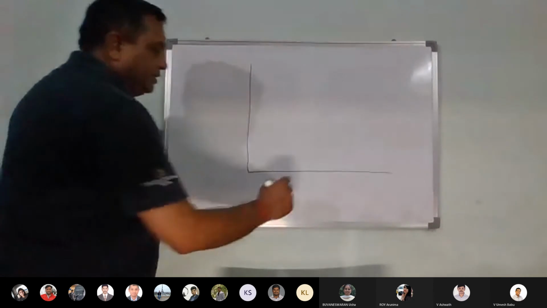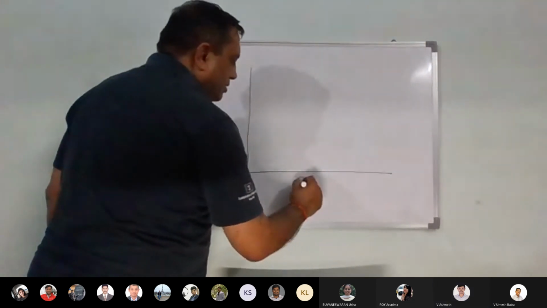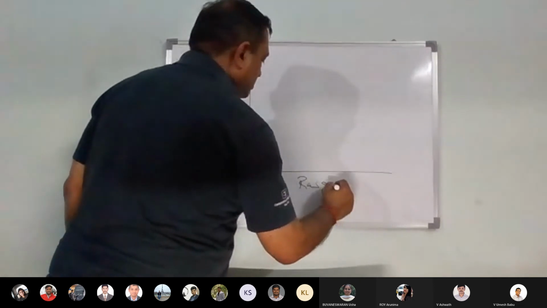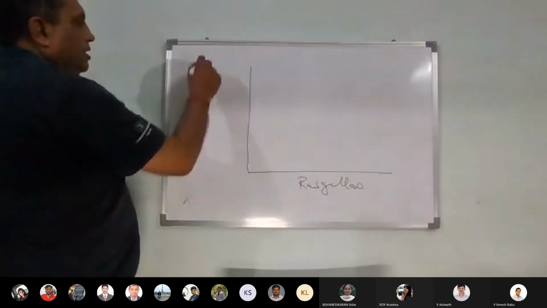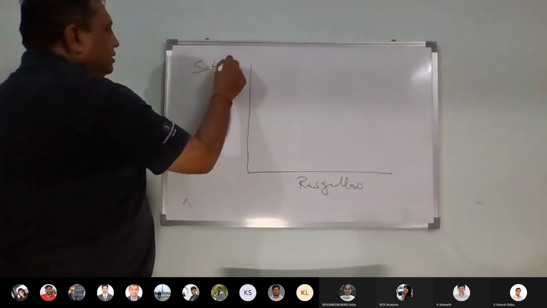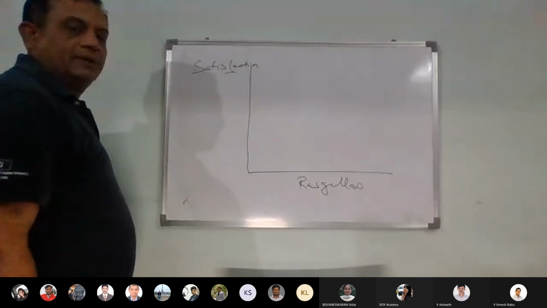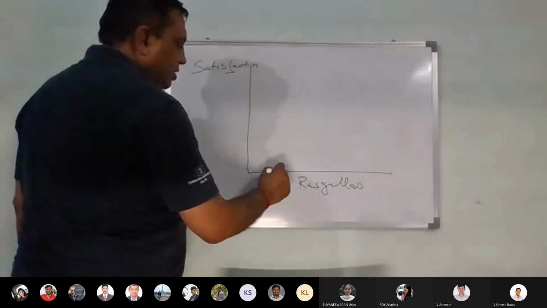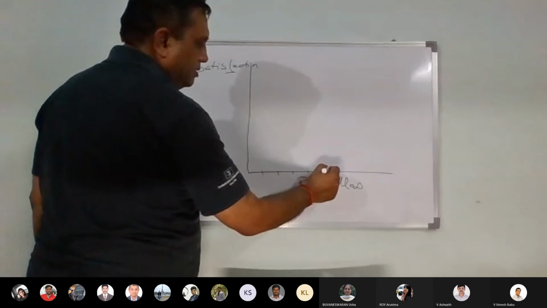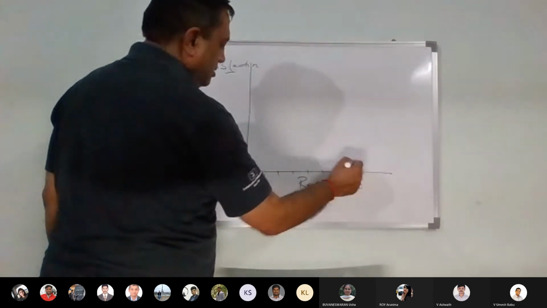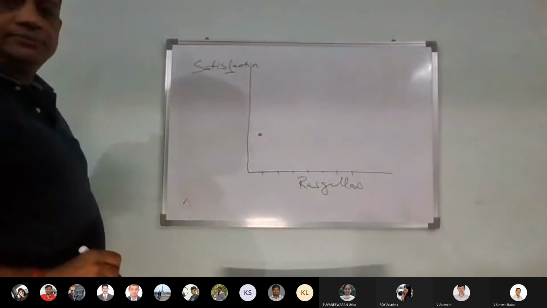Okay. So let us assume that you have got rasgullas on the x-axis and you have got satisfaction on the y-axis. And now these are your units. Now the first rasgulla gives you this much satisfaction, very high.